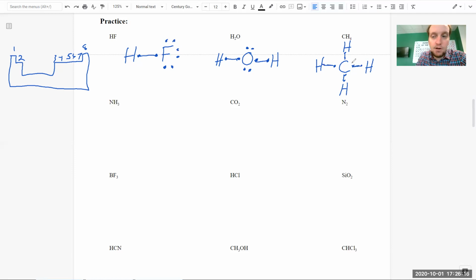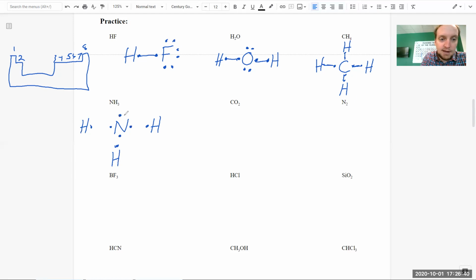All right, the next one we have is called ammonia, or nitrogen trihydride, but really its name is ammonia. So we're going to have a nitrogen in the middle because there's only one of them, and we're going to have 3 H's. Okay, you already know H's get 1 dot. I'm going to face it towards the nitrogen. Nitrogen, again, is in the 5th column, so I'm going to put 1 facing each hydrogen, so that's 3.